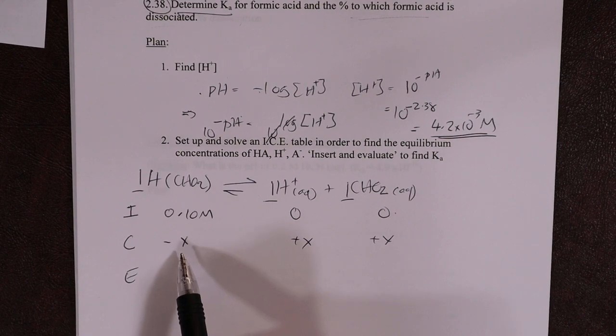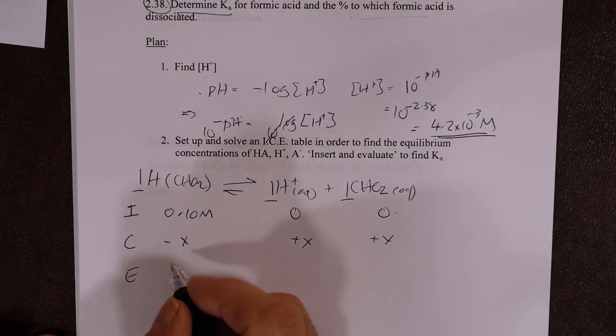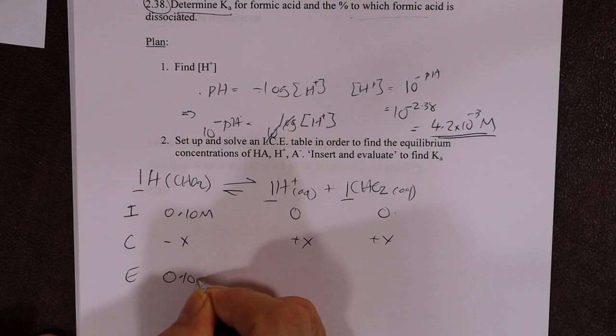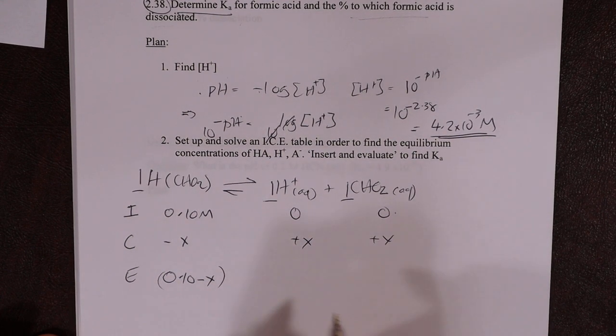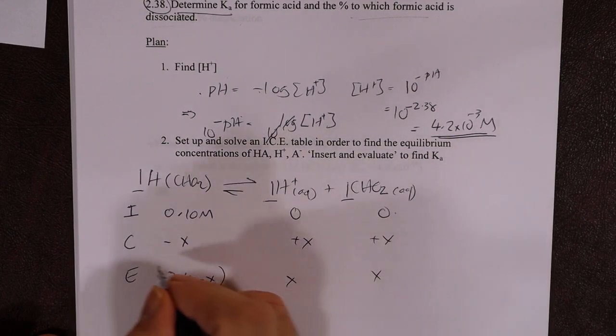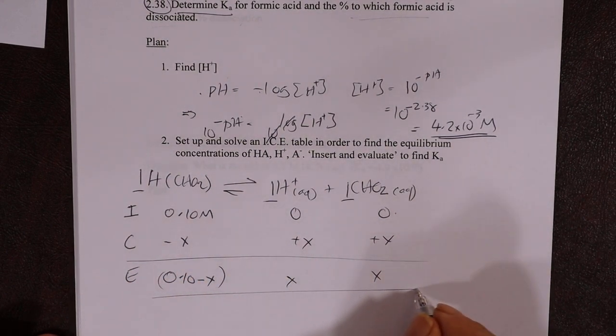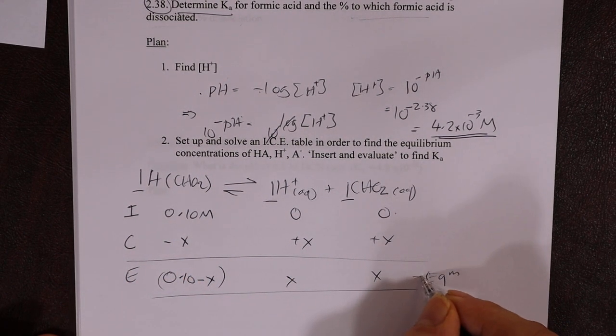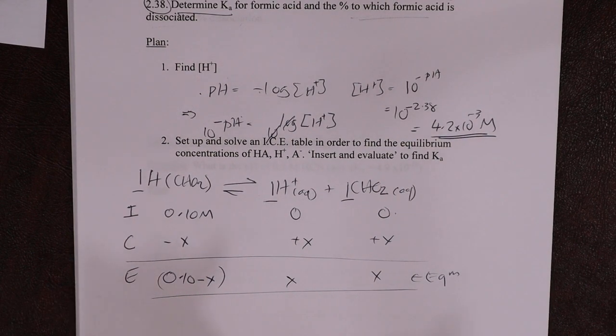In our previous example a couple of pages ago, that was like 5, but here we've got to find out what it is. So 0.10 minus x, I'll keep that together, x and x. I like to emphasize that. That's at equilibrium, so at equilibrium, K applies. K is products over reactants.